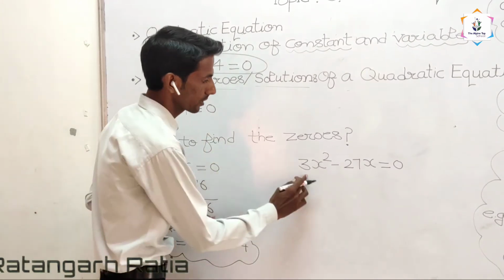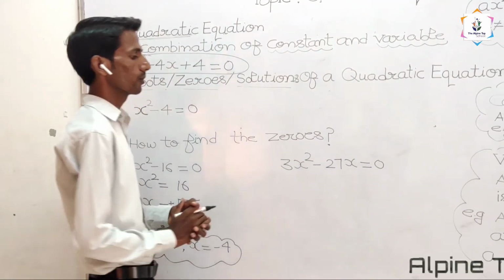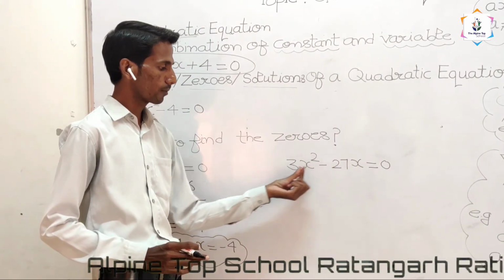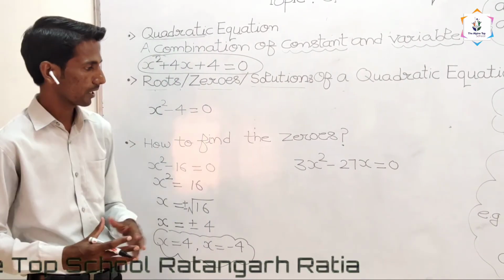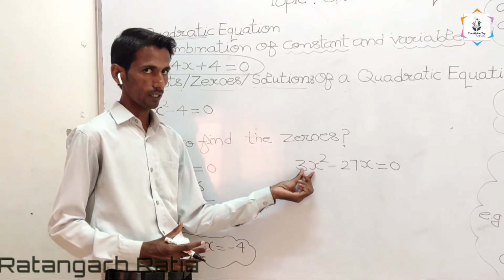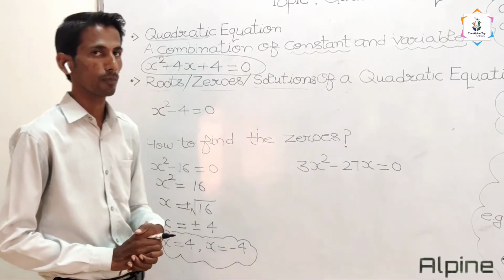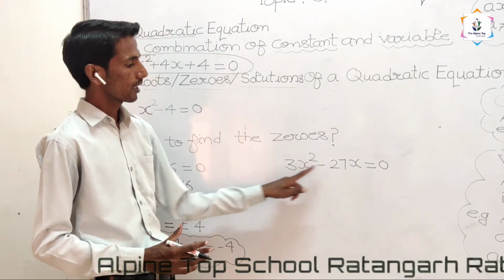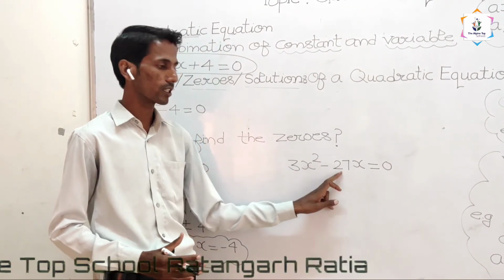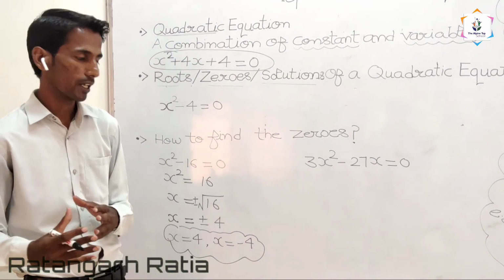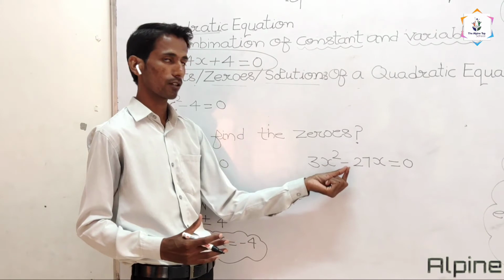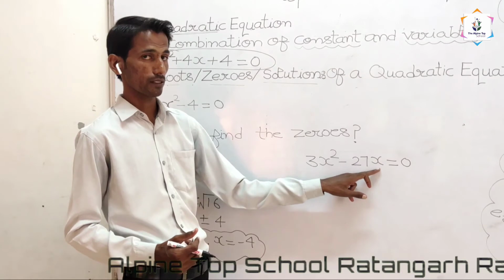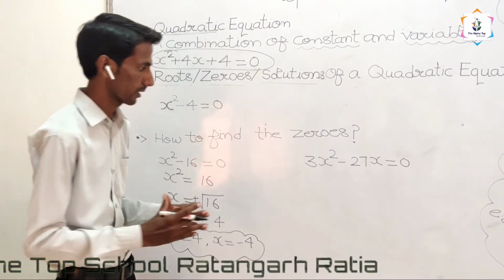We can start it. 3x square minus 27x is equal to 0. Here x is common in both terms, it means single x, we can take common from both.